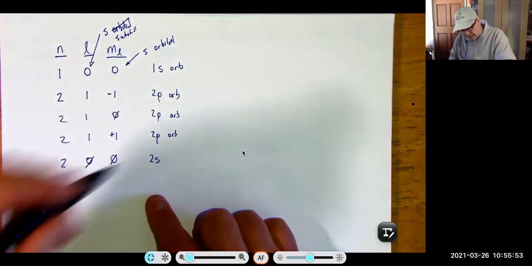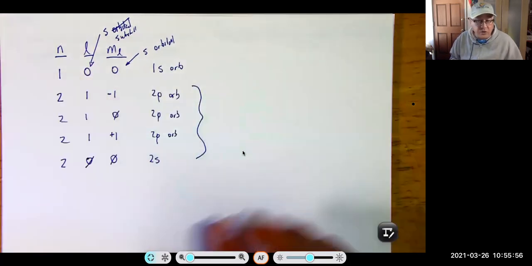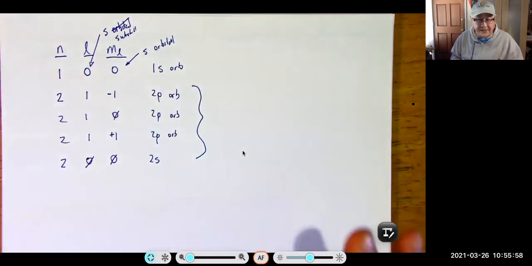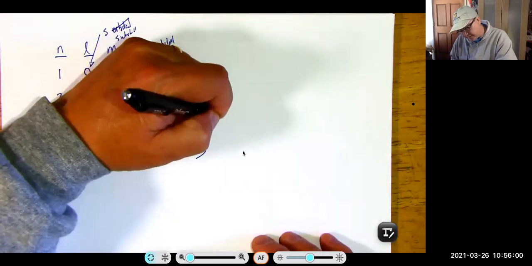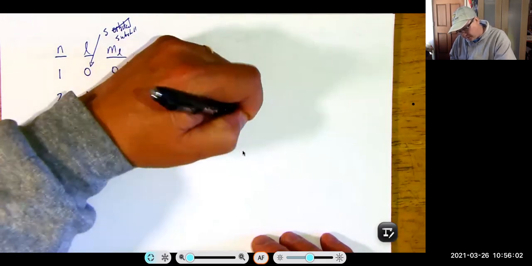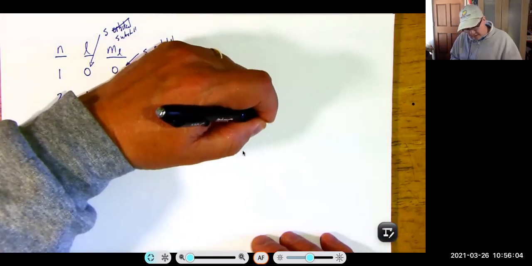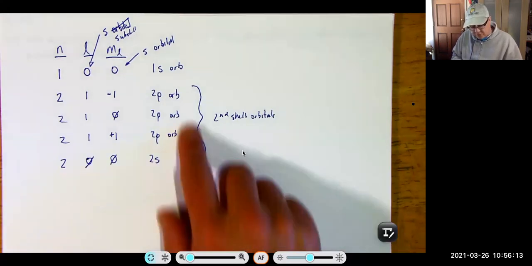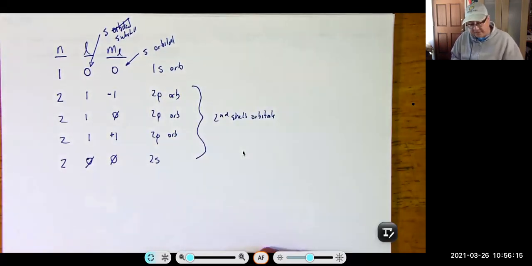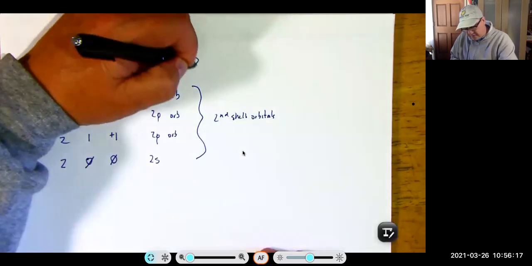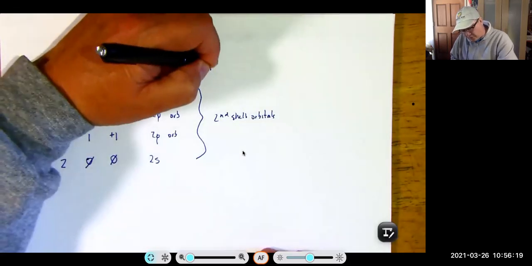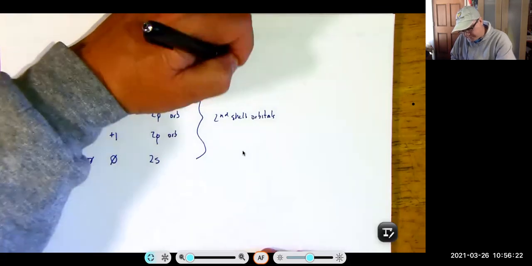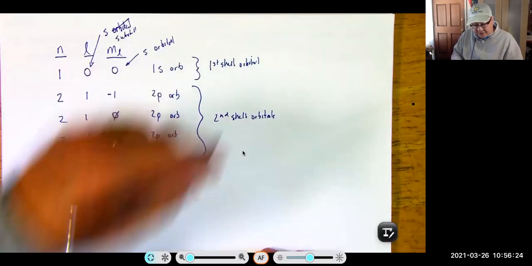So if you look at this, these are all of the orbitals in the second shell. How many of those orbitals are an s orbital? 1. And here, these are all of the first shell orbitals. How many of these are s orbitals?